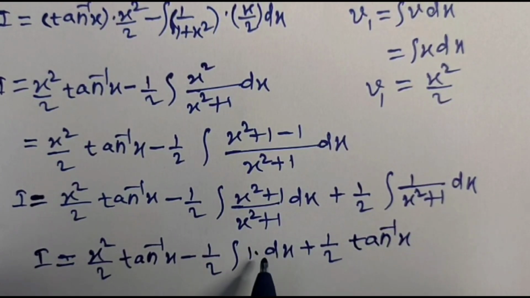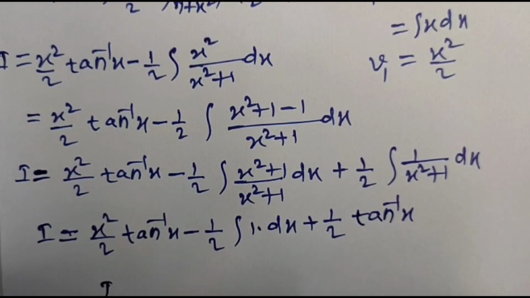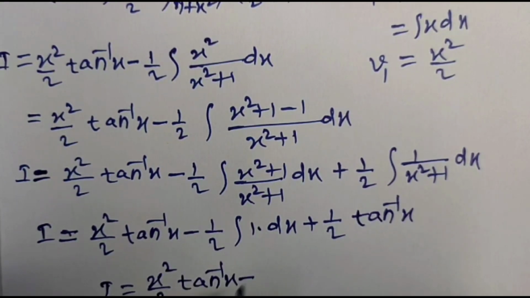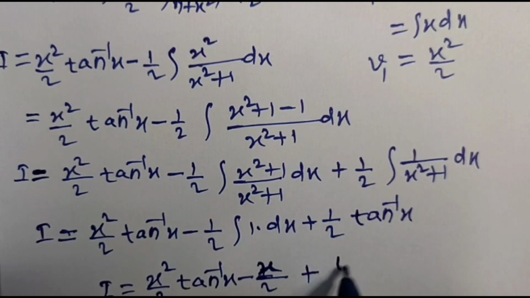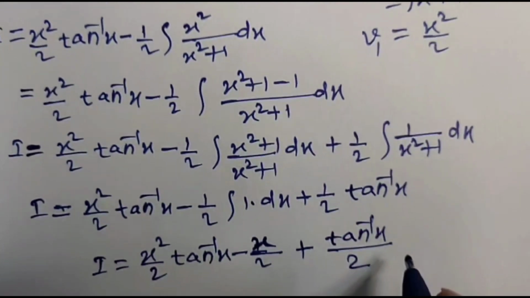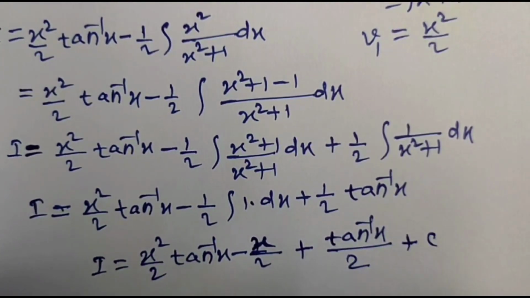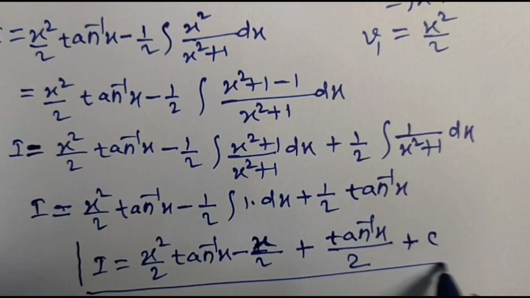Now integral of this. Hence I is equal to x square upon 2 tan inverse x minus 1 upon 2 integral of 1 is x. So you can write here x plus tan inverse x divided by 2, and you can add integral constant c. So this is value of given integral.